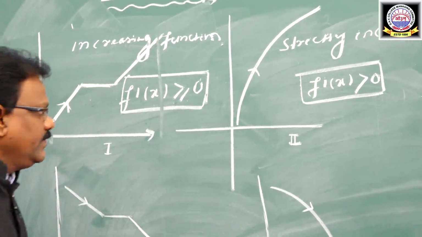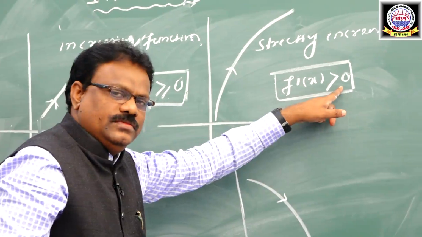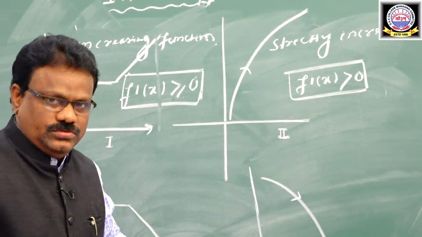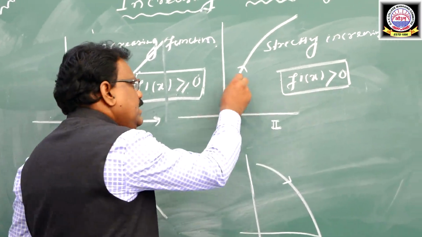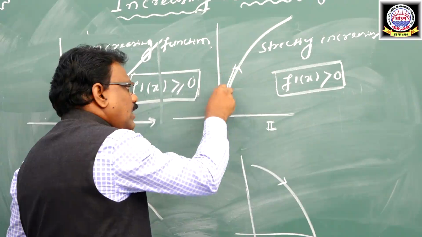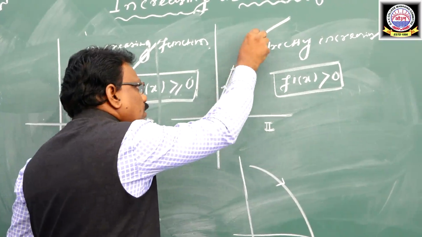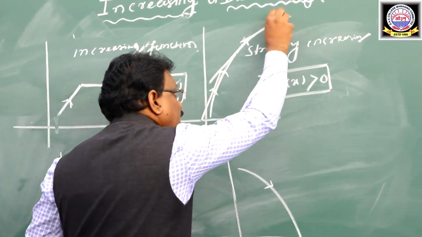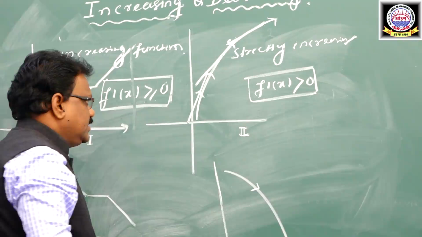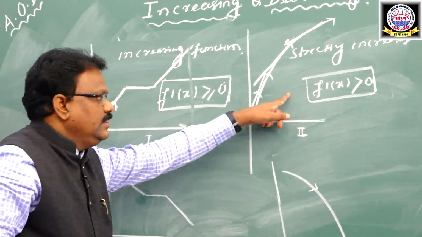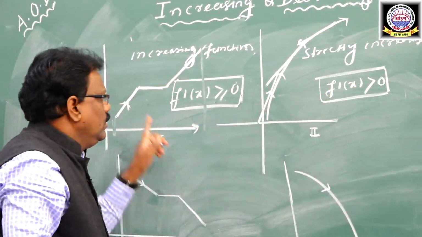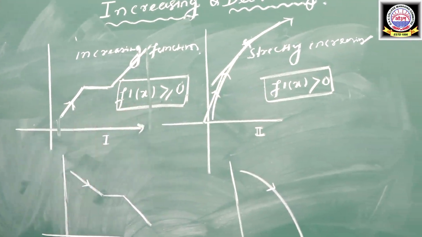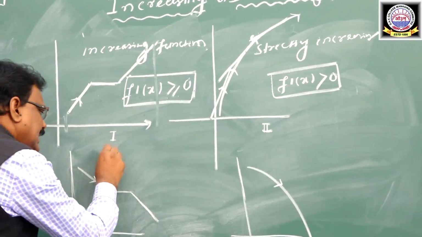But here f dash x greater than 0 means there is no chance that f dash x is equal to 0. That means at any point on the graph you cannot draw a tangent which will be parallel to the x-axis. So it is strictly increasing where f dash x is greater than 0, while the increasing function has f dash x greater than or equal to 0.